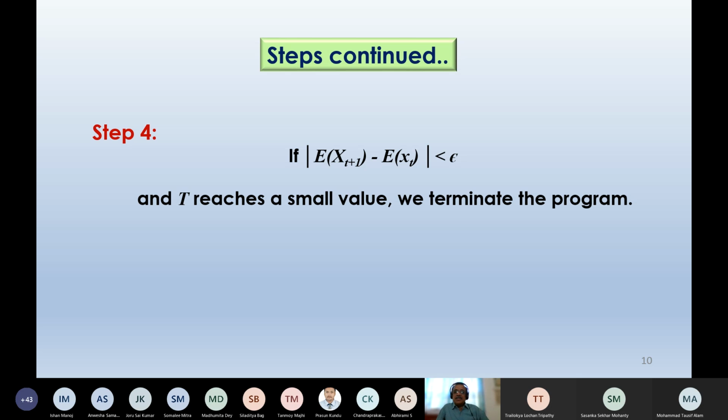The moment it becomes equal to the atmospheric temperature, then only you will be getting the solidified steel. So we'll have to wait up to the atmospheric temperature. Are you getting my point? So T should reach a small value, and if this particular condition holds good, we terminate the program. So this is the termination criterion.